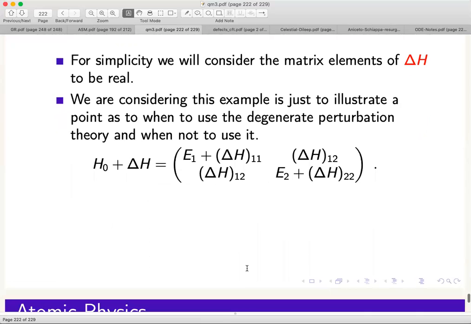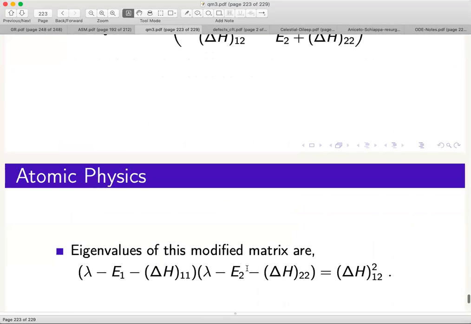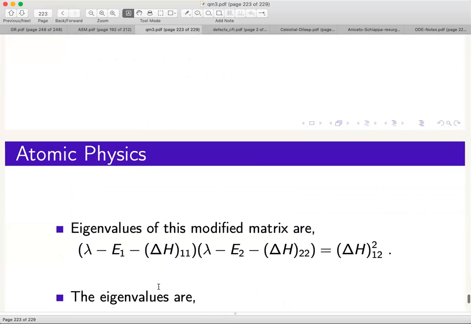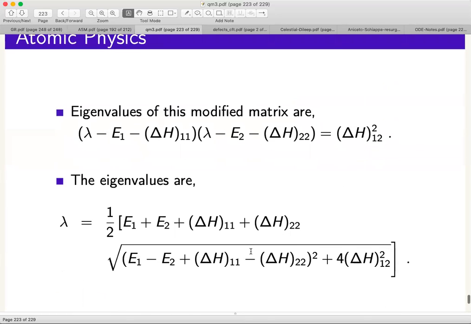All you have to do is solve the secular equation. This is the equation that you would get: lambda minus the first diagonal value times lambda minus the second diagonal value is equal to the product of the off-diagonal terms. It is a quadratic equation, and we can solve it. So here's the answer.